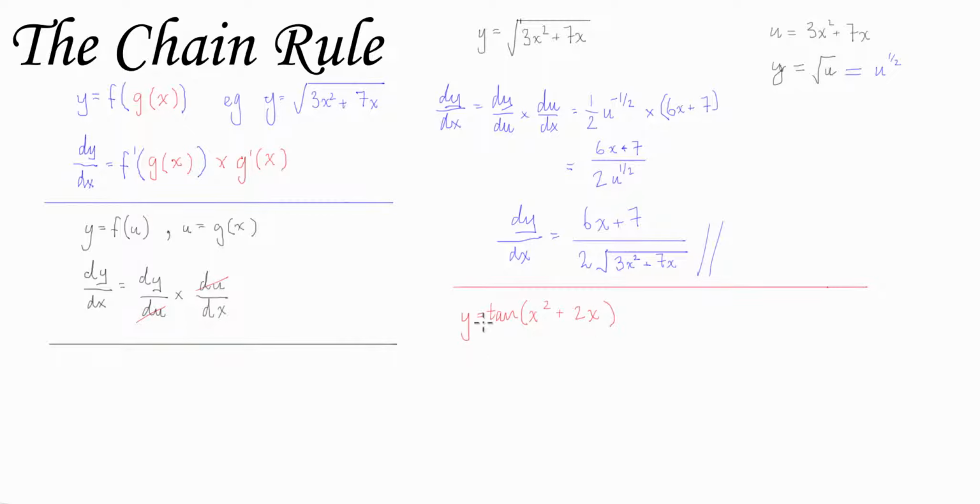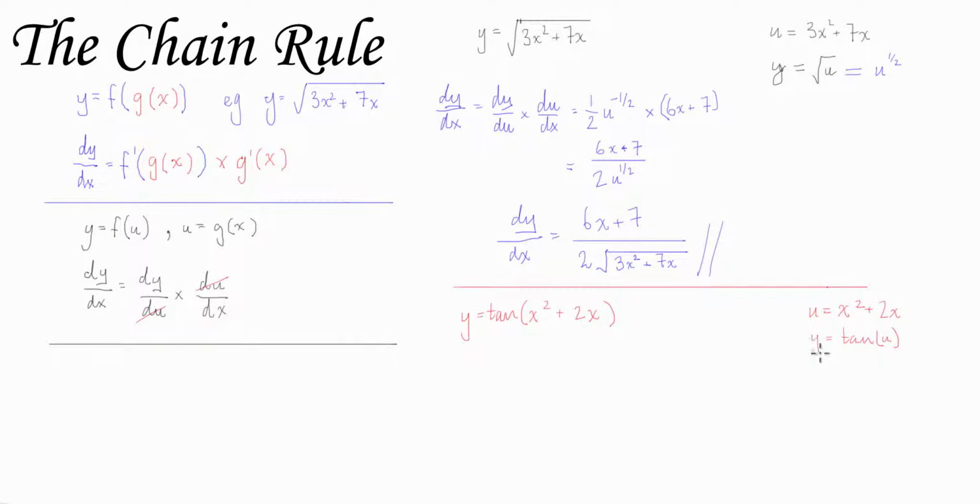Okay, so we'll set it out like this. Obviously, u is going to be equal to the inside function, which is quadratic, and y in terms of u is just going to be the tan of u.